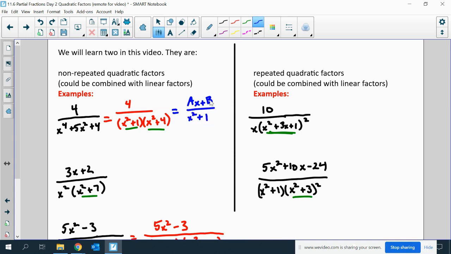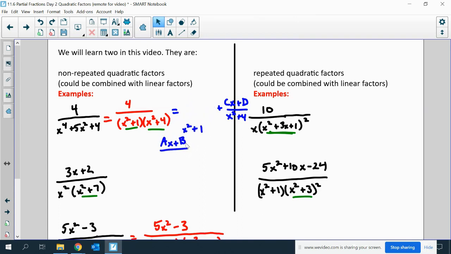So we would have Ax + B over x squared + 1 plus Cx + D over x squared + 4. That would basically be what we would write, and that is what my partial fraction decomposition looks like.